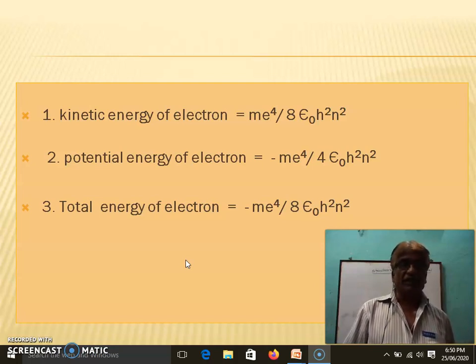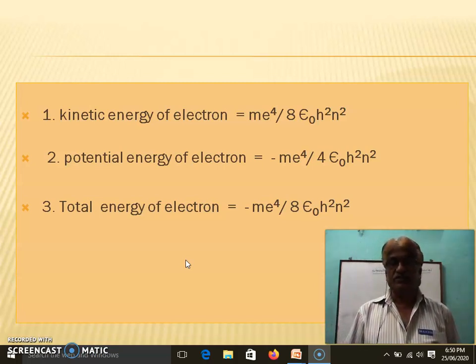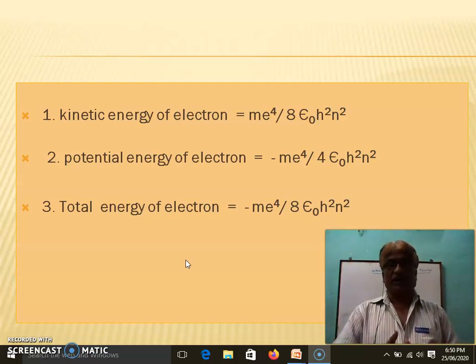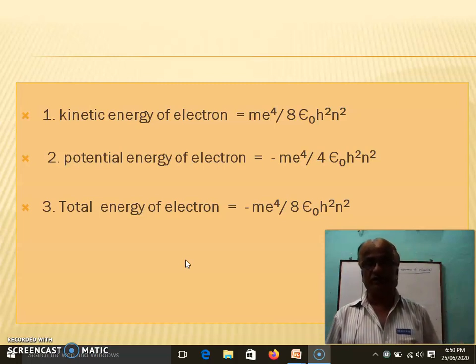So the kinetic energy of the electron is m raised to 4 divided by 8 epsilon 0 h square n square, or in bracket m raised to 4 upon 8 epsilon 0 h square into 1 upon n square. If the bracket term is constant, then the kinetic energy of the electron is inversely proportional to the square of the principal quantum number.